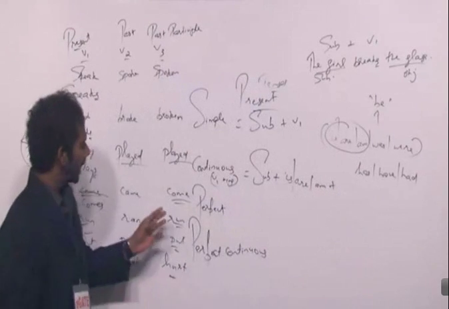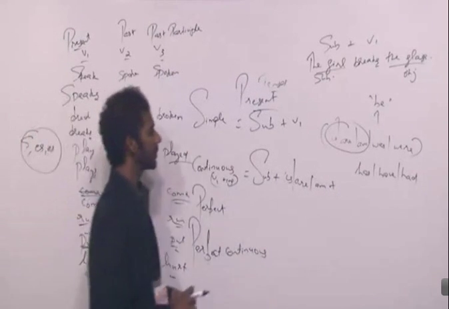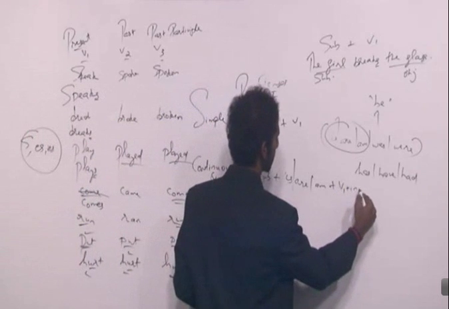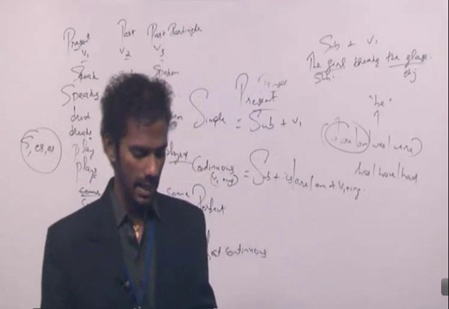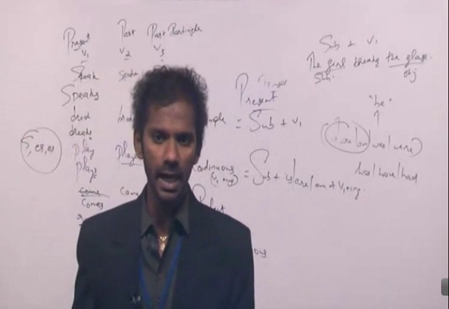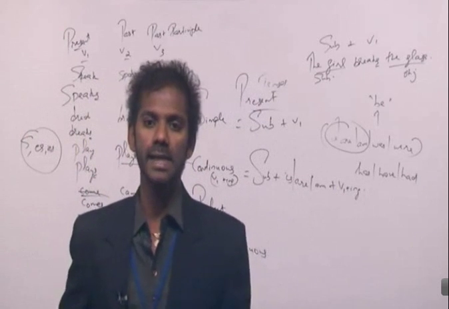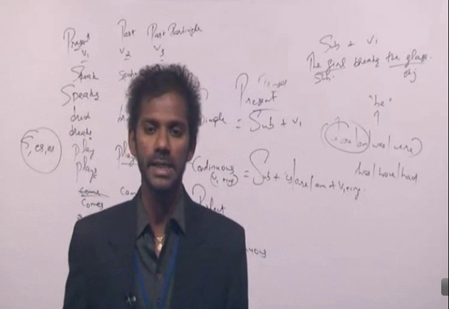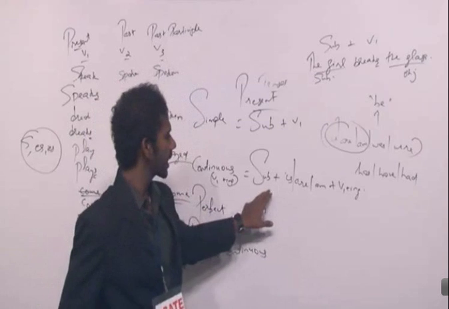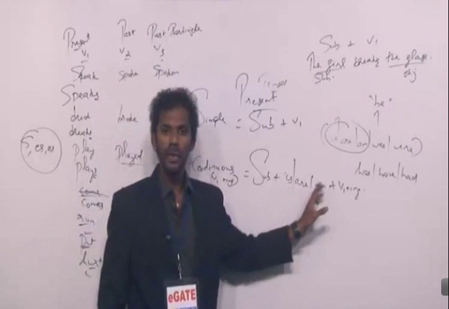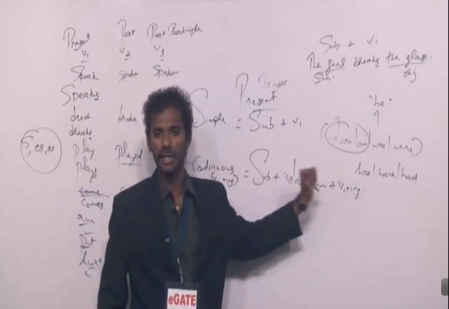Clear? And as it is continuous, it must be V1 plus ing. So this is the structure of present continuous tense. So the rule of present continuous tense is subject plus is or are or am plus V1 plus ing.